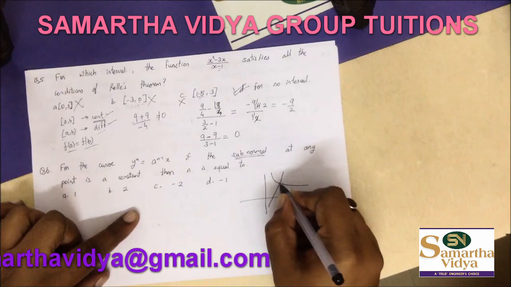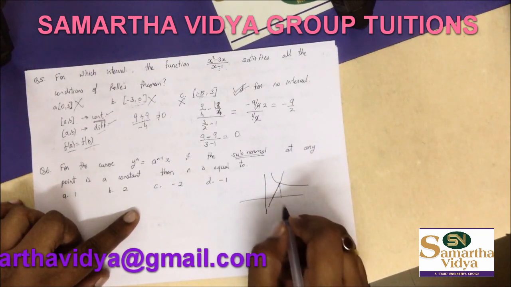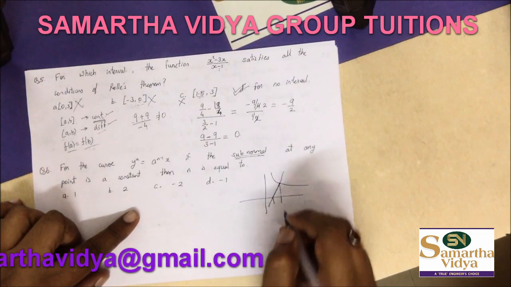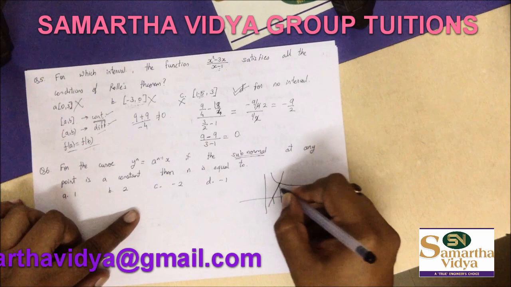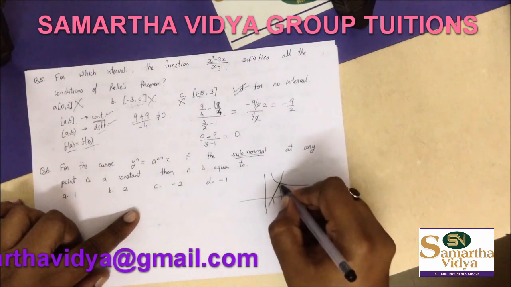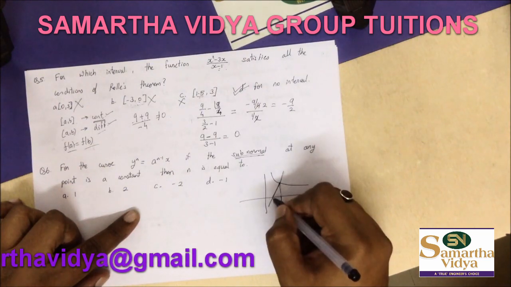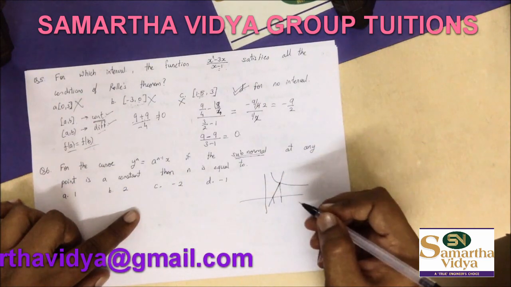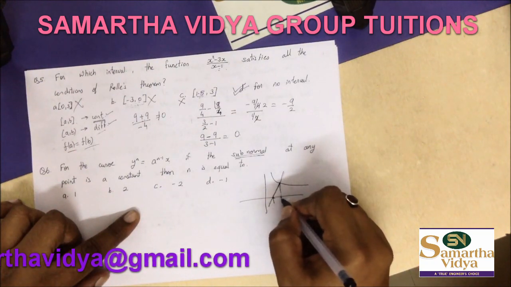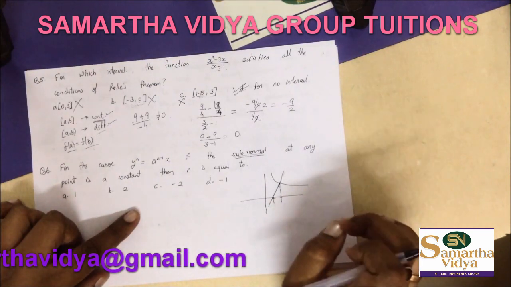It's basically the projection of this normal onto the x-axis, and this distance is called the subnormal. So we take the point through which it is normal to the curve, and the point where the normal intersects the x-axis is another point, and we then find the distance between these 2 points. That's the basic concept of subnormal.